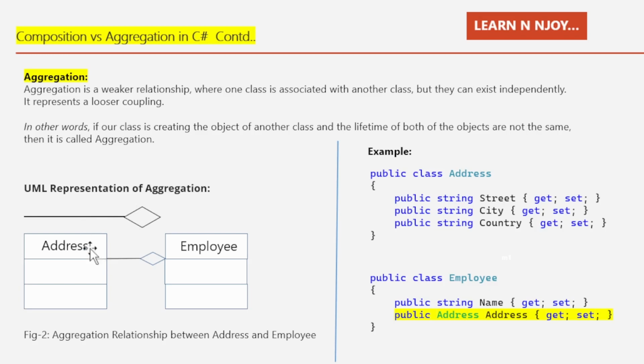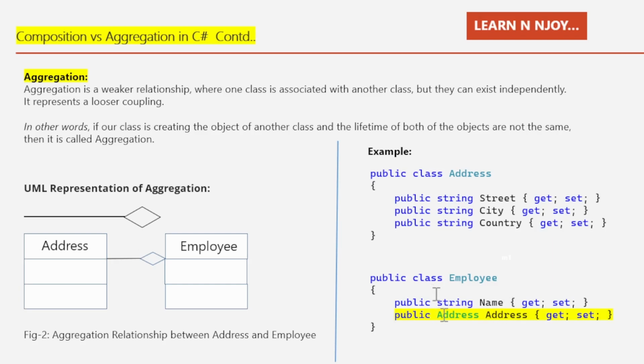Here there is a relationship between address and employee, and this relationship is nothing but the aggregation relation. Okay, now let's try to understand with the help of an example. Here there is a class named Address. It has three auto-implemented properties: Street, City, and Country. And there is another class, Employee, that has two properties: first the Name and second the Address.